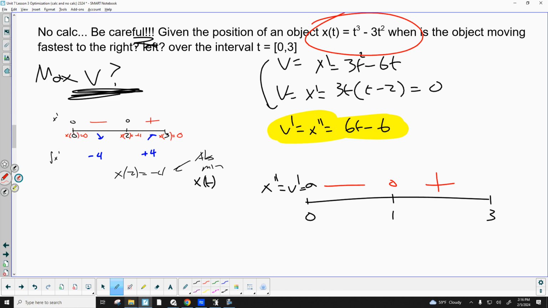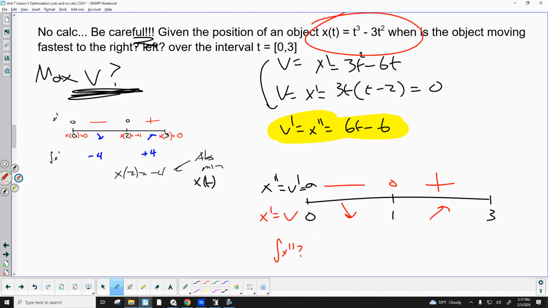It's telling me that my first derivative, or my velocity, is decreasing then increasing, right? The second derivative tells us about the first derivative. How much did it decrease or increase?